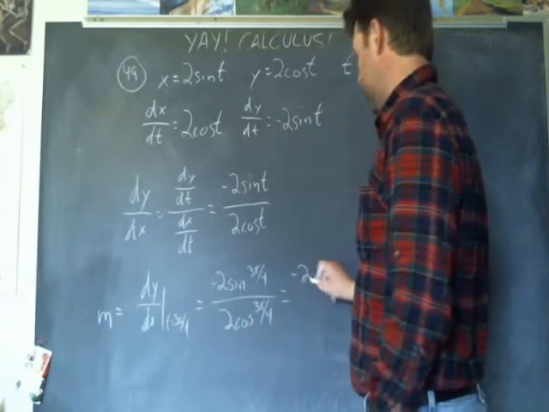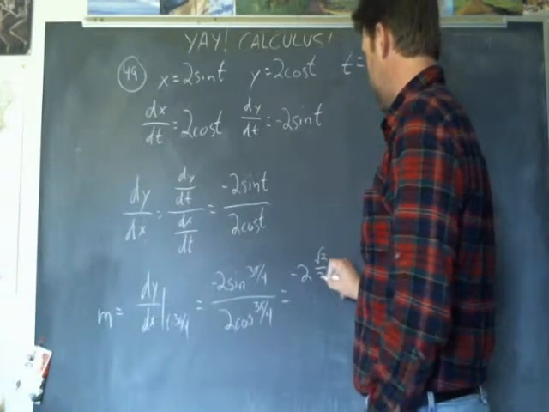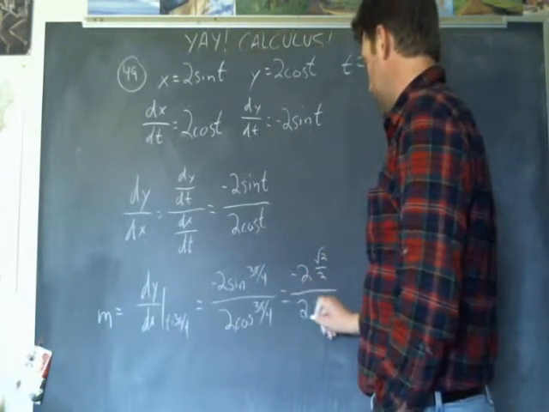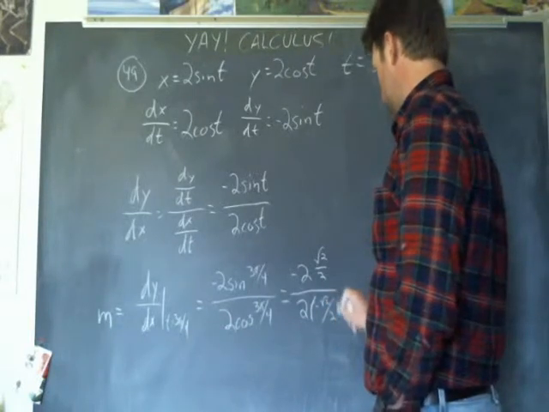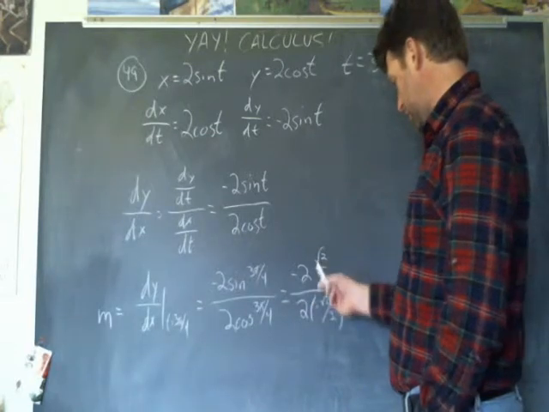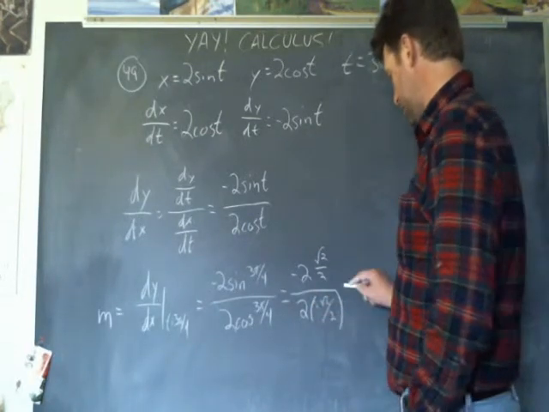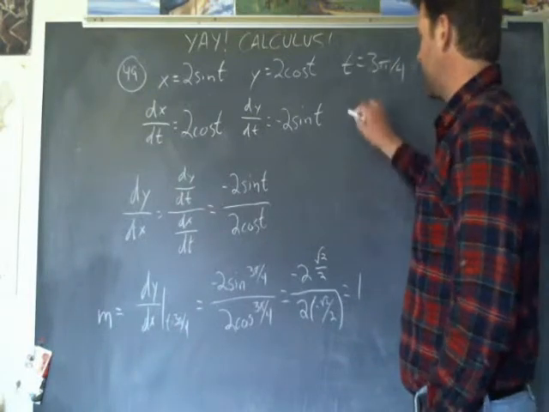It'll be negative 2. Sine of 3 pi over 4 is radical 2 over 2. Cosine of 3 pi over 4 is going to be negative radical 2 over 2. It looks like these are the exact same thing. 2, 2, radical 2 over 2, radical 2 over 2, negative, negative. So happy day, it looks like 1, which makes sense.